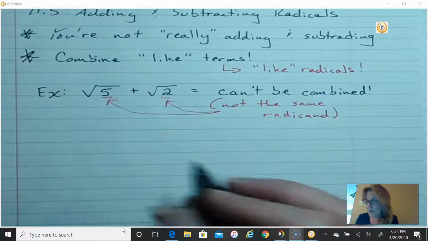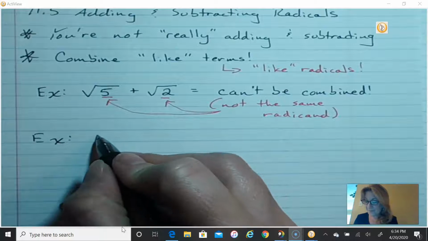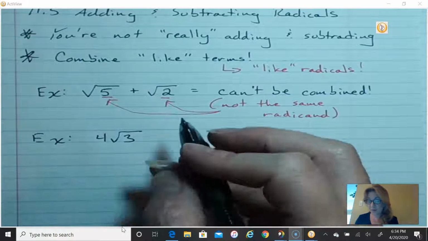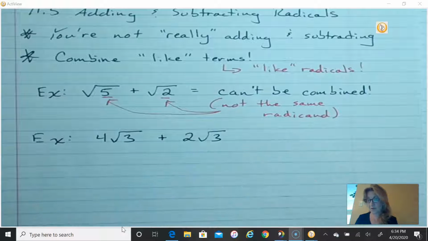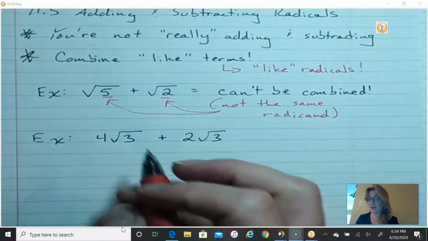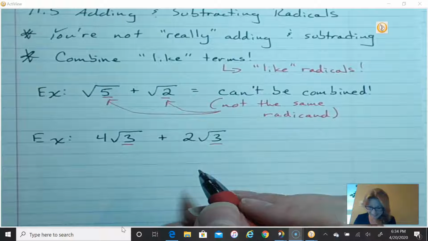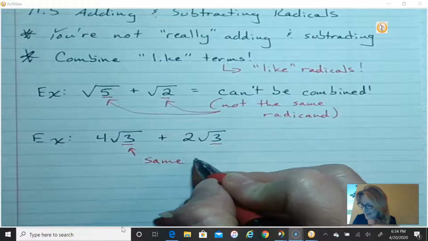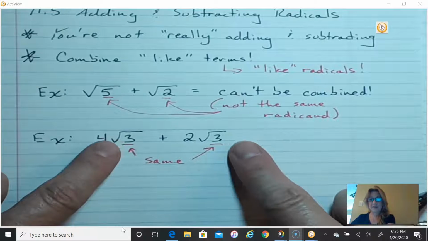Okay, so what about if I do this? Four times the square root of 3 plus 2 times the square root of 3. Do they have the same radicand? Yes, they do have the same one because 3 is the same as 3.